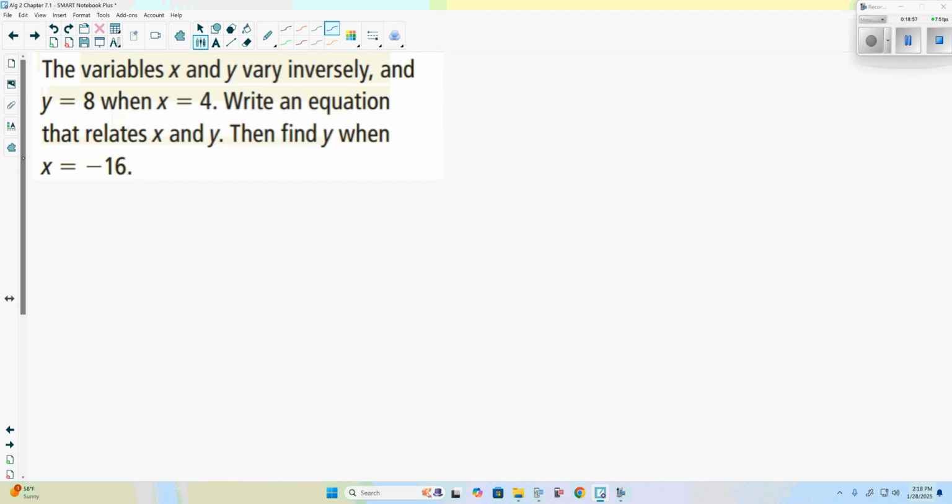Variables x and y vary inversely. y is equal to 8 when x is equal to 4. Write an equation that relates x and y, then find y when x is -16. So I'm going to show you another way that we can find a. y is equal to a over x, yes?